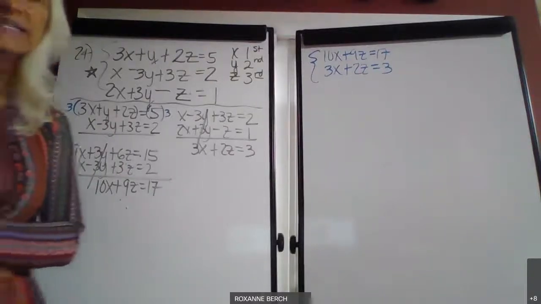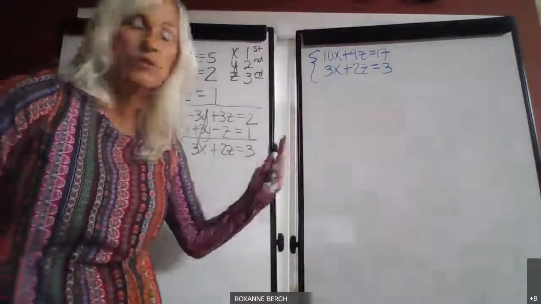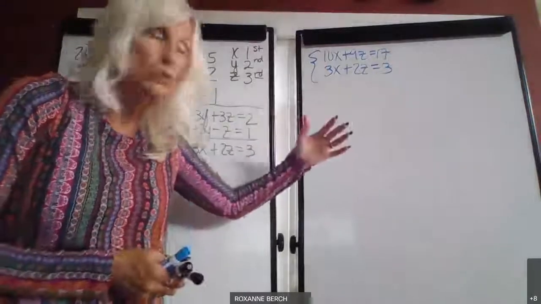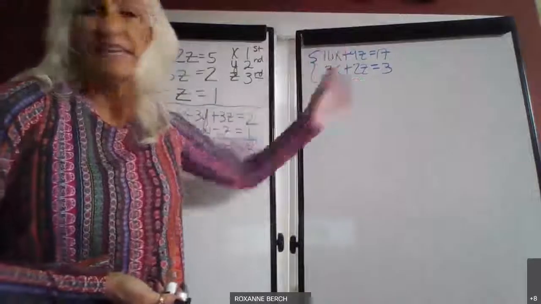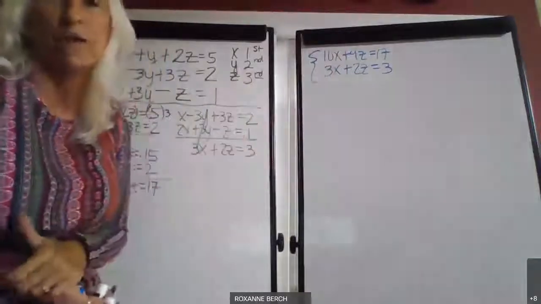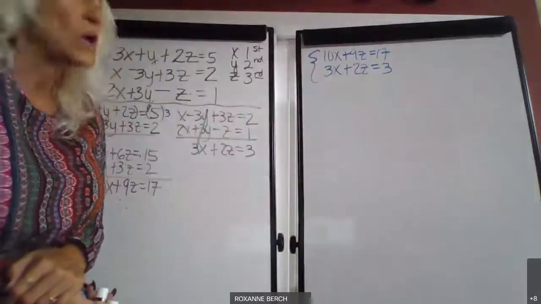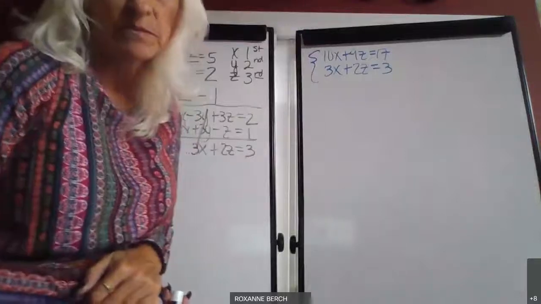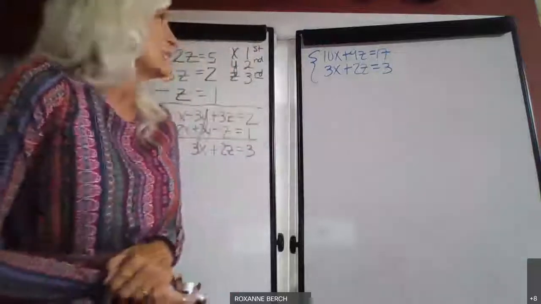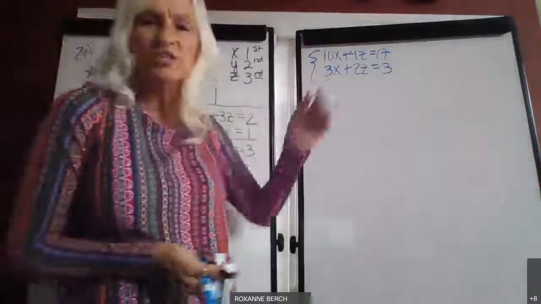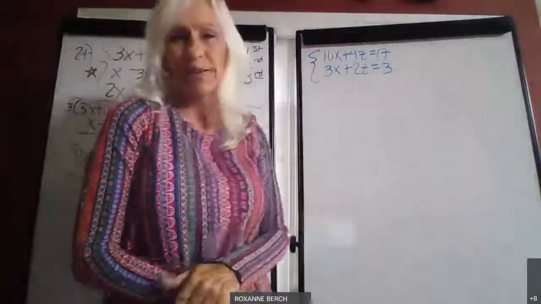So now we decide, do we want to use elimination, addition, or do we want to use substitution? Now, I don't know about you, but it's not easy to solve for a variable, so I don't want to use substitution. And not only that, but it looks like it's hard to eliminate the x and it's hard to eliminate the z.